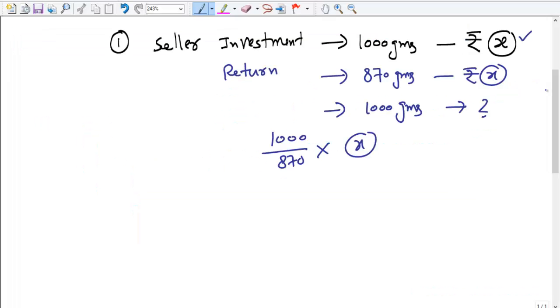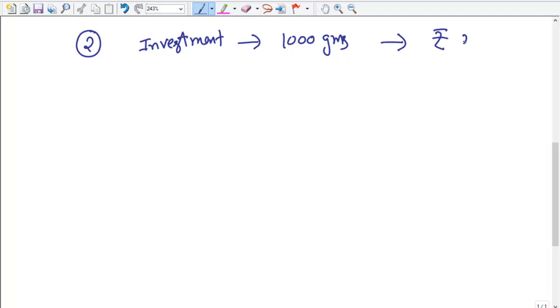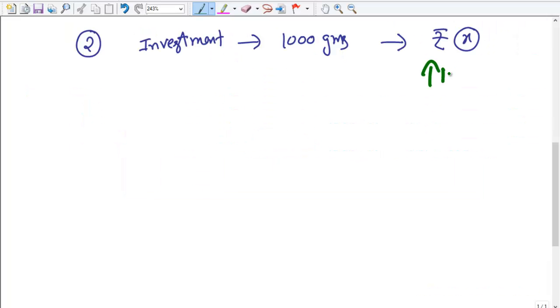Let's see. As usual, investment. That is for 1000 grams. Imagine that the investment is X rupees. And also while selling, it is exactly 15% extra.